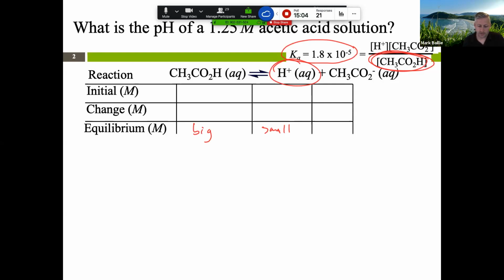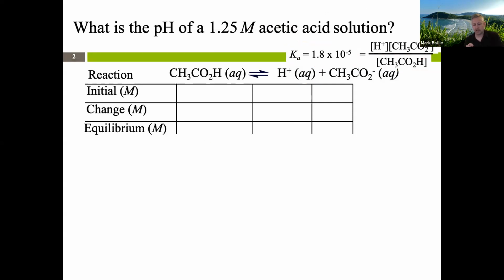So if you haven't already written out your ICE table, I want you to go ahead and write out your ICE table and then figure out what your pH is and figure out the steps there. I'll give you about 2 more minutes to walk through that and then re-enter your clicker response. And I'm curious to see if those numbers change at all.